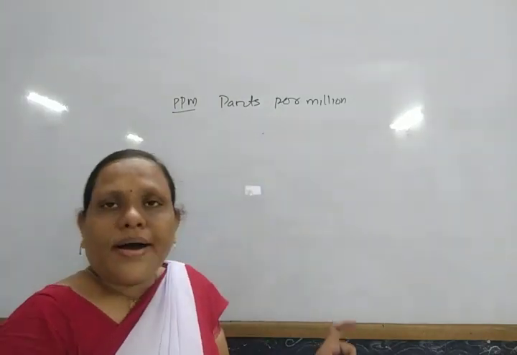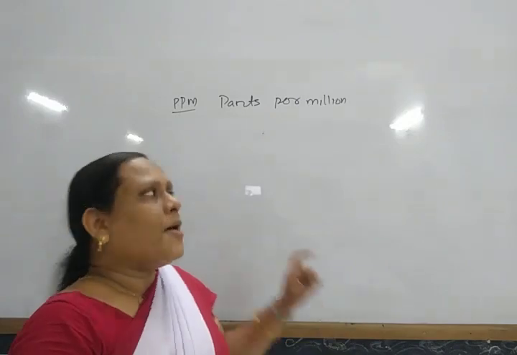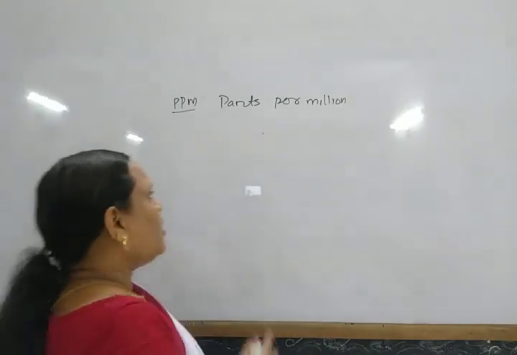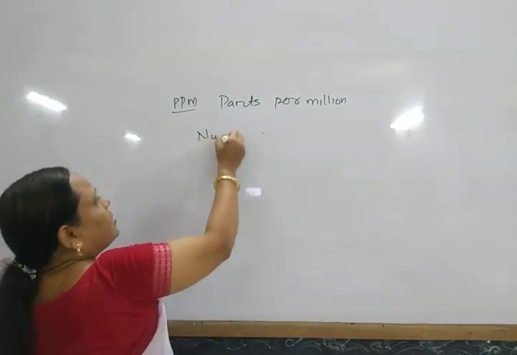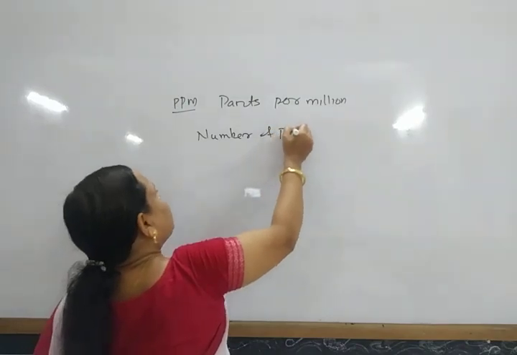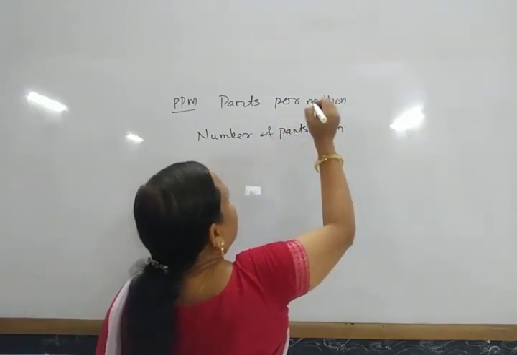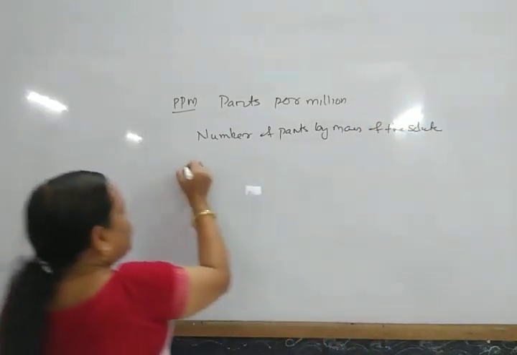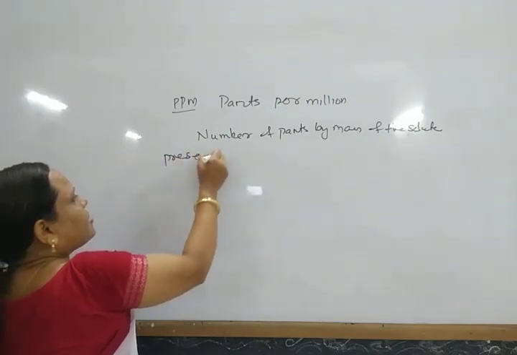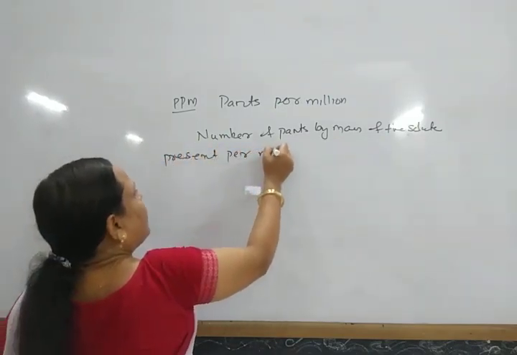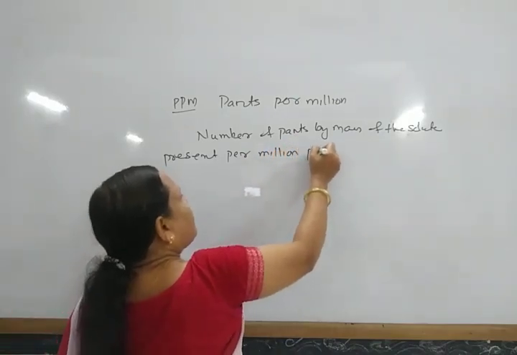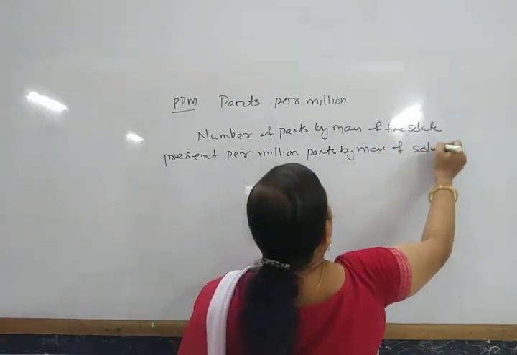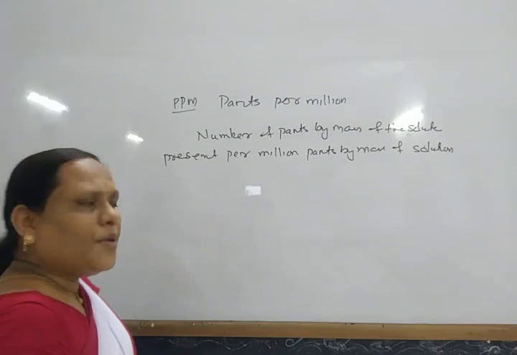That is the number of parts by mass of the solute or substance present per million parts by mass of solution, that is known as ppm.